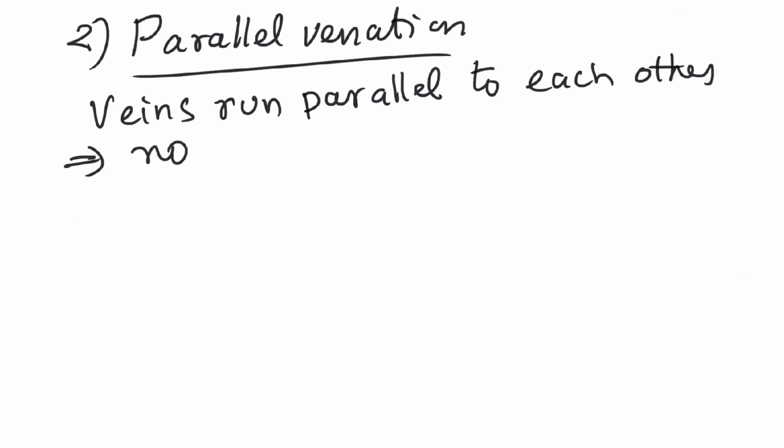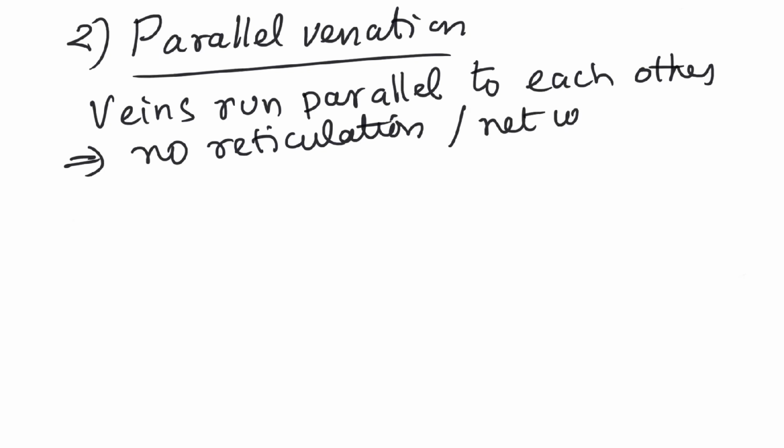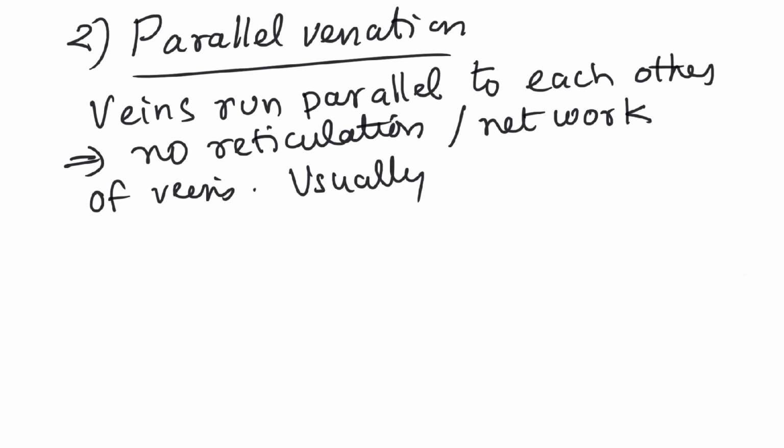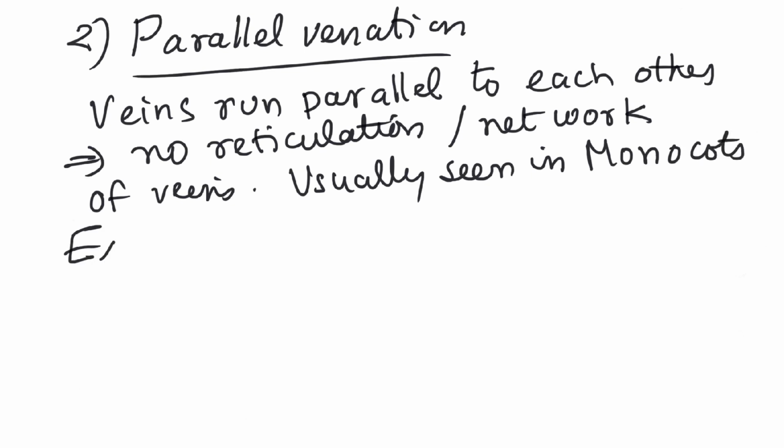That's a key point, and it implies that in parallel venation there's no chance of a vein development forming a network. So a reticulation or a network of veins is not seen in the leaf blade or the lamina as far as parallel venation is concerned.